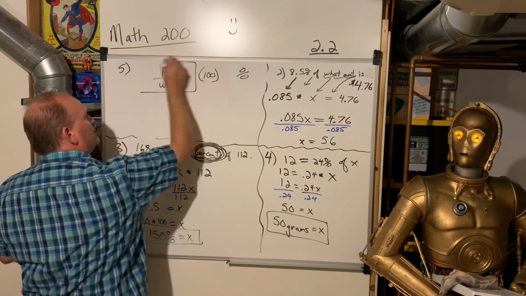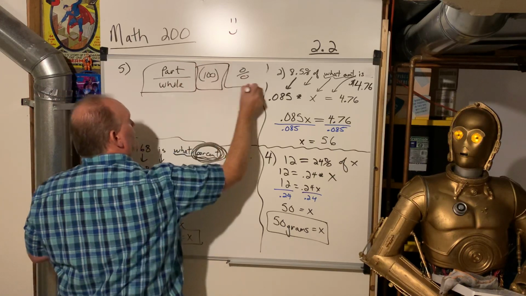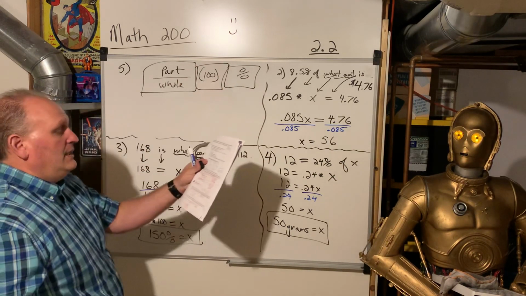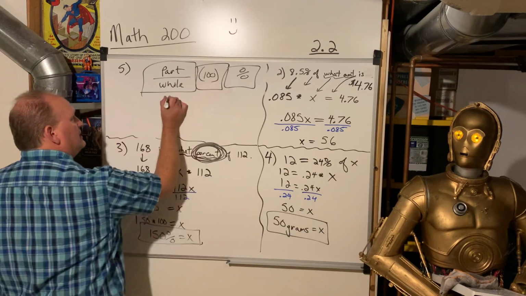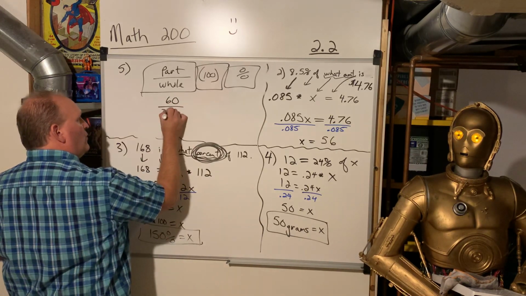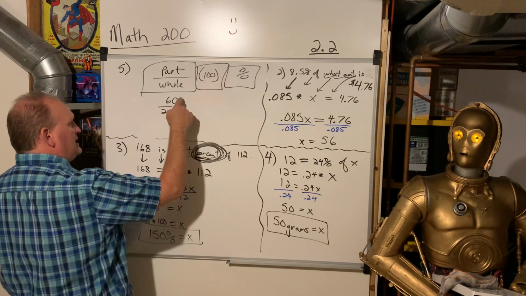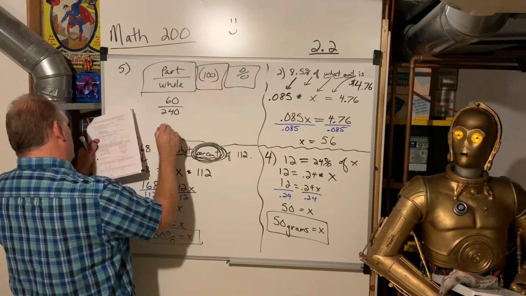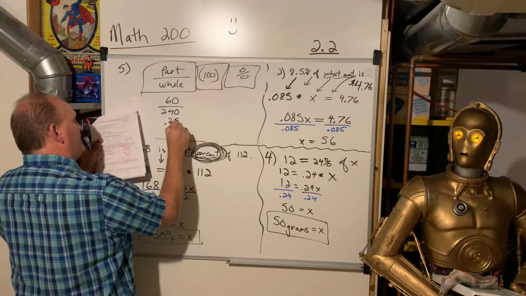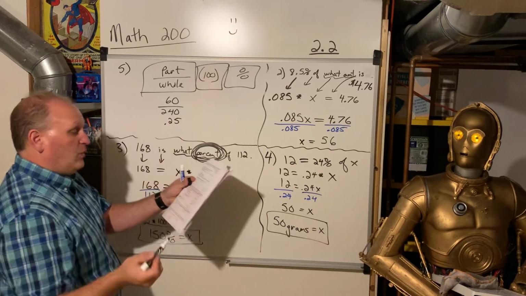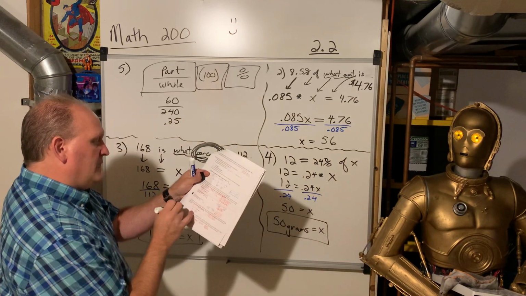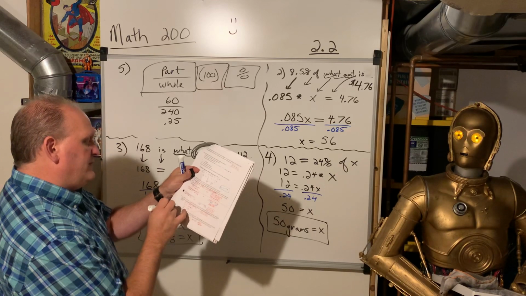So this is sort of what we're doing here. So 60 out of 240, and you could reduce that, but you don't even have to. You can just take 60 divided by 240 on your calculator. It gives you 0.25. And then it said what percent? Oh no, that's another one I failed to change. I'll have to fix that.